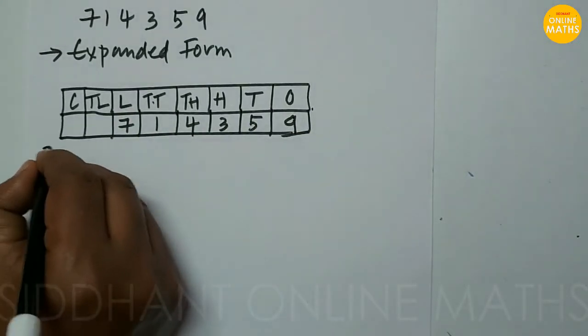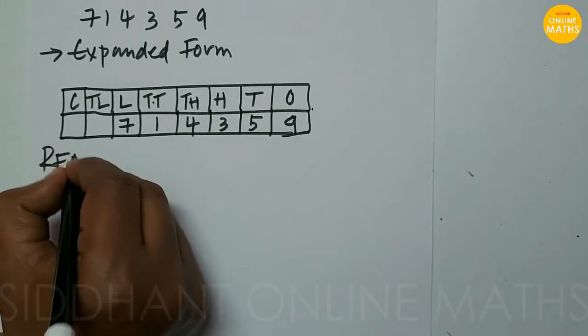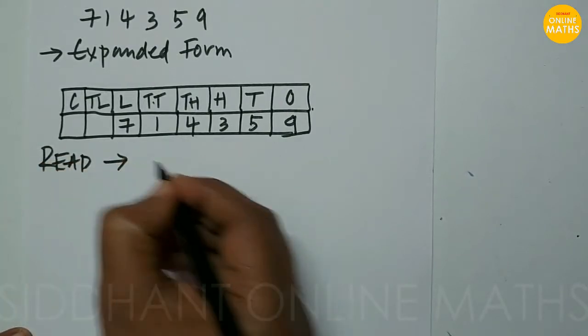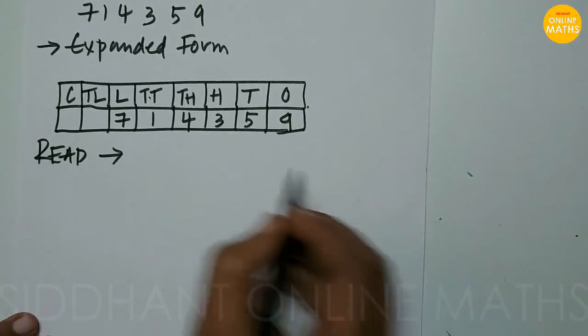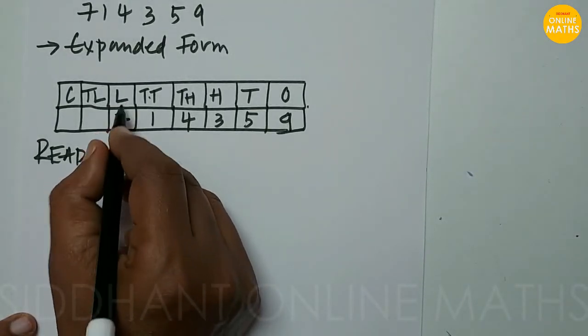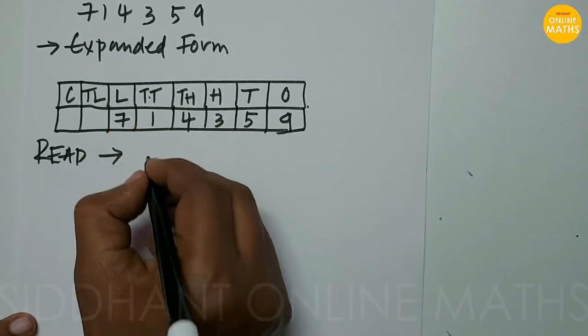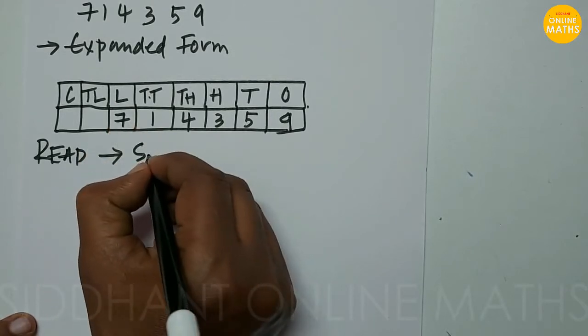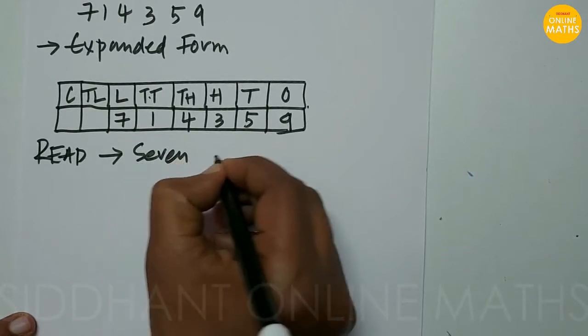Now let us see how you are going to read this number. First we see the 7, which is in the lakh place, so we read it as 7 lakh.